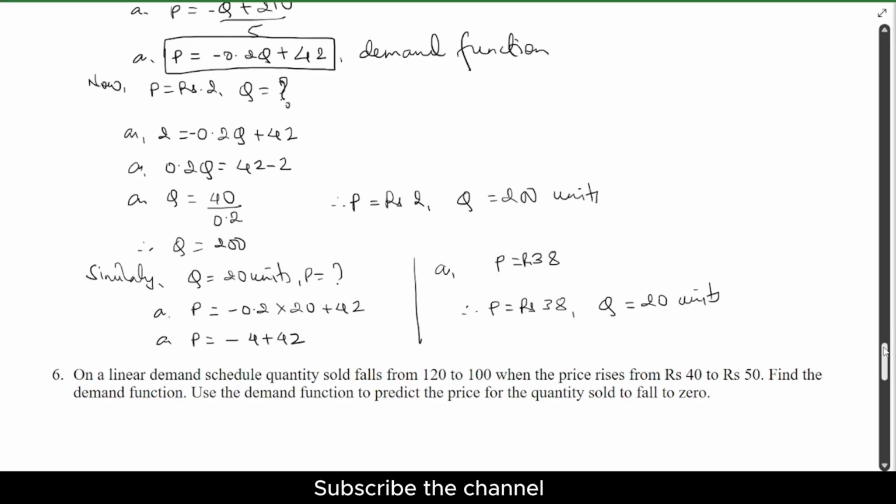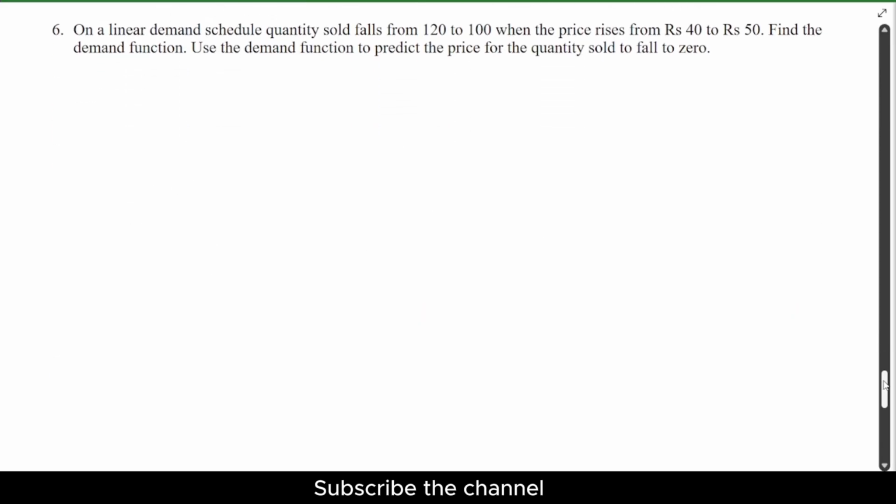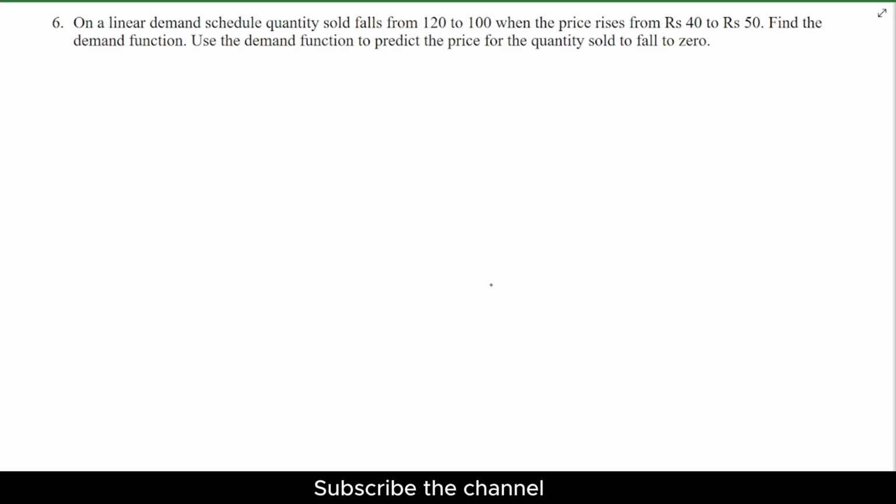Now moving towards the sixth question, number 6. On a linear demand schedule, quantity sold falls from 120 to 100 when the price rises from 40 to 50. Find the demand function.